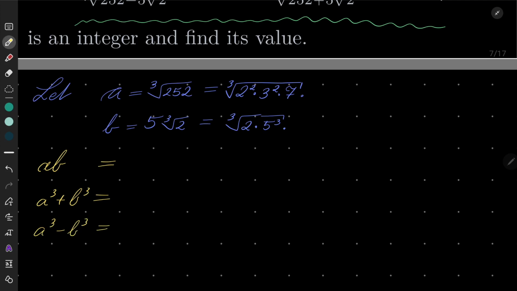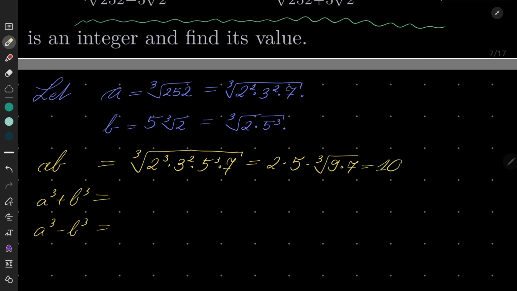A times b will be the cube root of 2 to the second power times 2, which is 2 to the third power. Then we will have 3 to the second power, 5 cubed, and we'll have 7. And we can write it as 2 times 5 times the cube root of 9 times 7, and that's just 10 cube roots of 63.